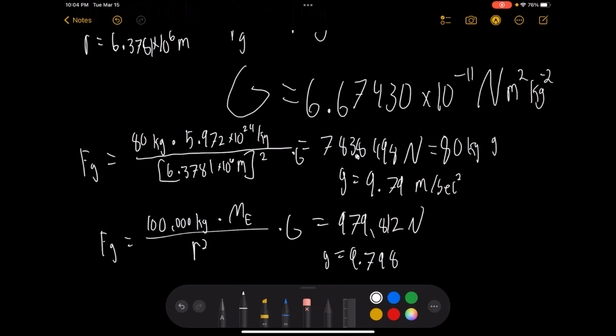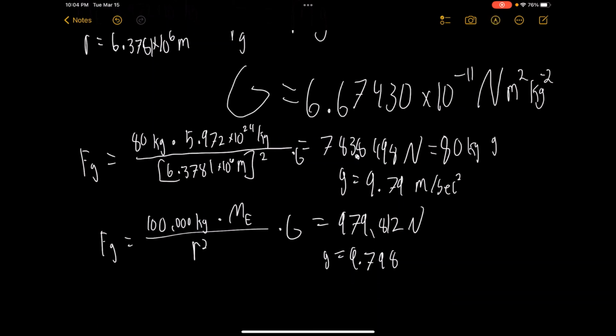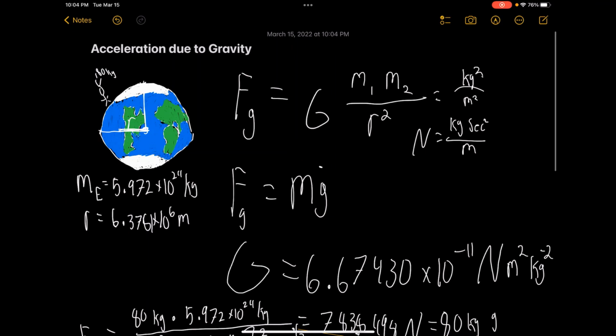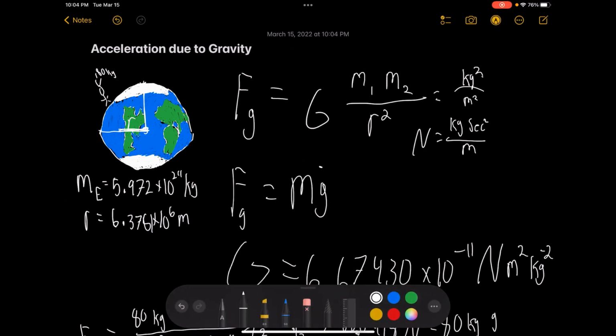The answer is, what's happening here is as we increase the mass of one object, the force of gravity increases. The force of gravity and mass are increasing at the same rate. But that means that the acceleration due to gravity doesn't really need to change to account for this.